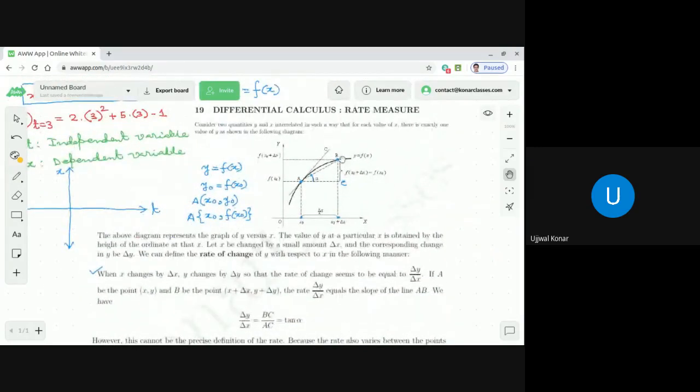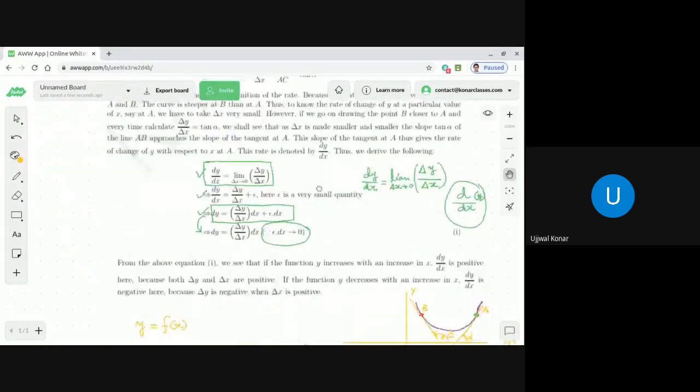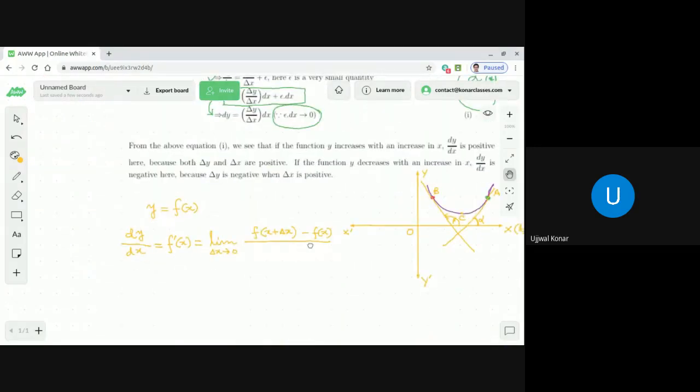It is y plus delta y. So y plus delta y means the value of the function at the point x plus delta x, that is f of x plus delta x, divided by delta x. Whatever the value of this limit is, it is called f dash x.